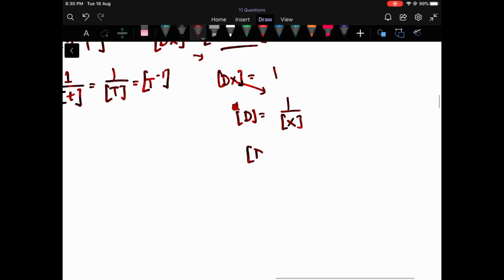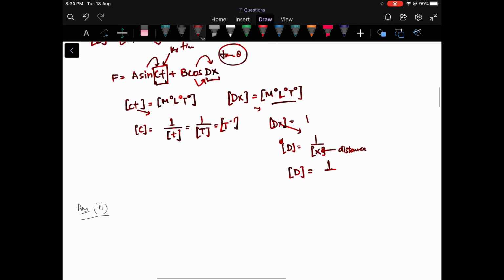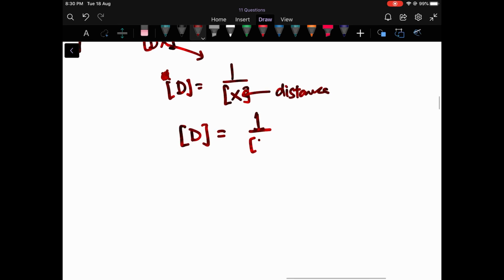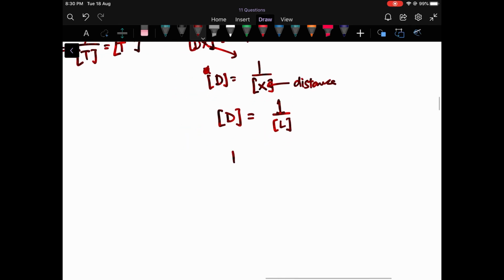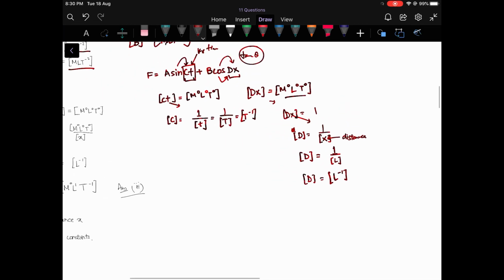So now the dimension of d, which we didn't know, is equal to 1 over the dimension of x. And x, if you remember, is a distance or some length as given in the question. That's why I'm going to call its dimension L. Therefore the dimension of d is simply L^-1. So we got the dimension of c, which is T^-1, and the dimension of d is L^-1.